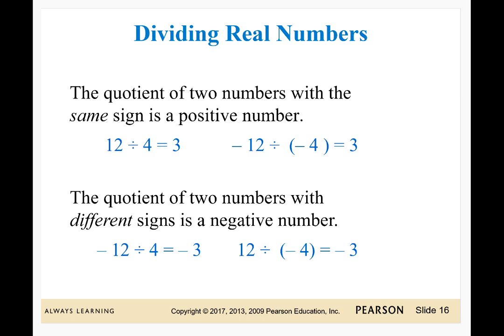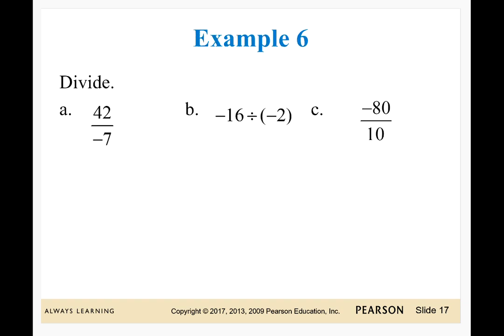So you're just going to keep the positive sign and then divide their absolute values. If the two numbers have different signs, then your answer is going to be negative, and then you're going to divide their absolute values. So the good news is nothing much more to talk about than what we did with multiplication. All right, so let me just show you what the work's going to look like, because usually most students just need to see what's expected when it comes to work.